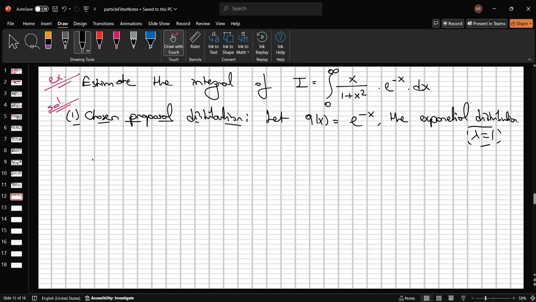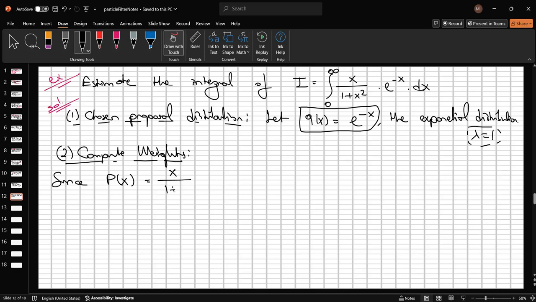Okay, so in order to compute the weights, just see that p(x) in here, and this is the q(x). The p(x) equals x divided by 1 plus x squared times e to the minus x, and then we get w_i.